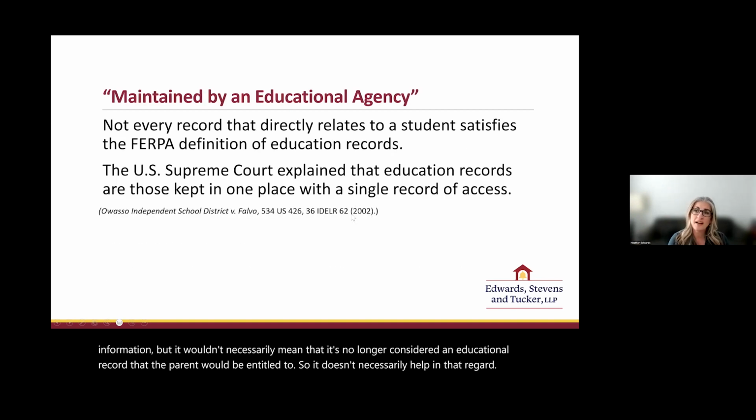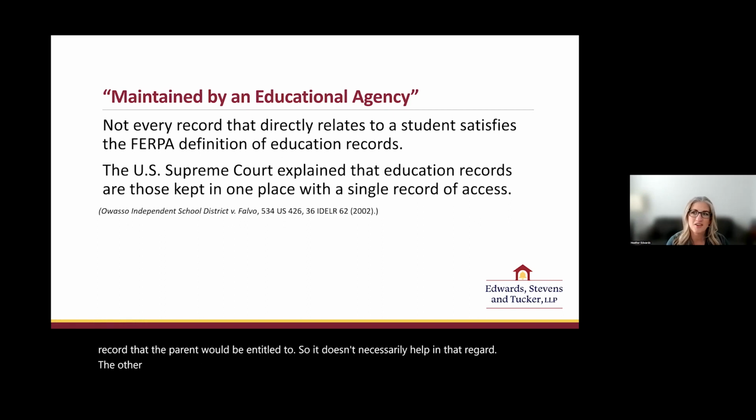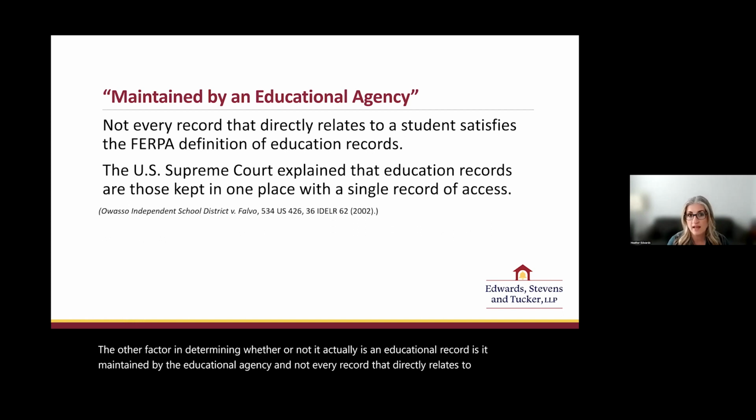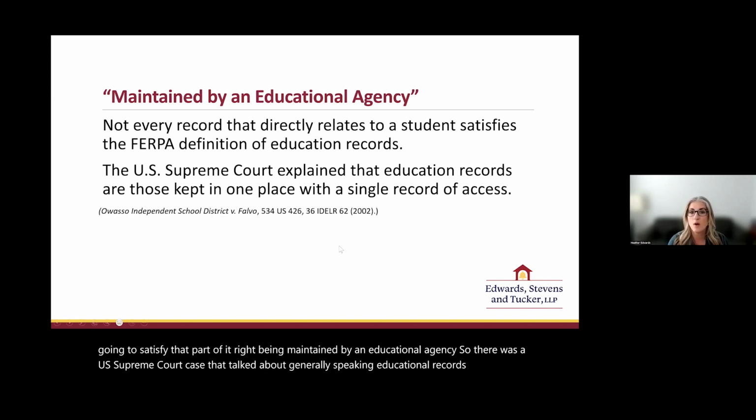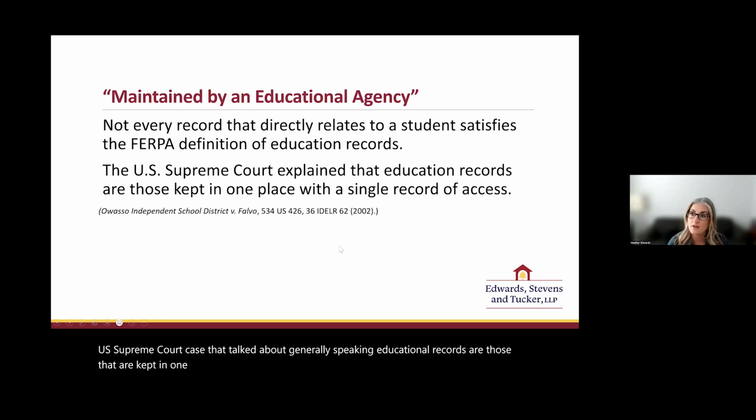The other factor in determining whether or not it actually is an educational record is, is it maintained by the educational agency? And not every record that directly relates to a student is going to satisfy that part of it, right? Being maintained by an educational agency. So there was a US Supreme Court case that talked about, generally speaking, educational records are those that are kept in one place with a single record of access.